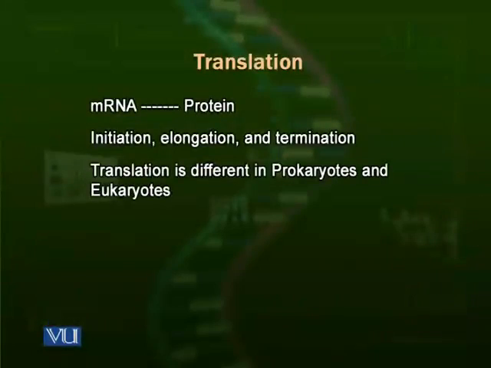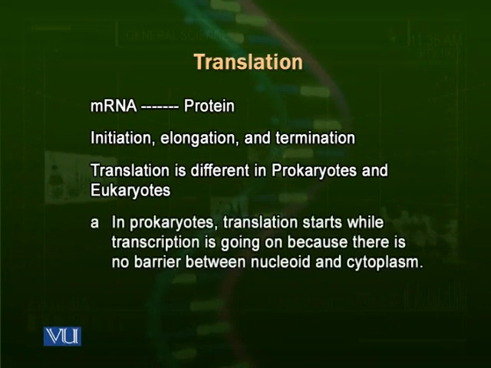The process of translation is different in prokaryotes and eukaryotes. In prokaryotes, as we know, they don't have a true nucleus. They have a nucleoid region though, but a true nucleus is not present. So their nucleoid region, their chromosome, is almost continuous with the cytoplasm.